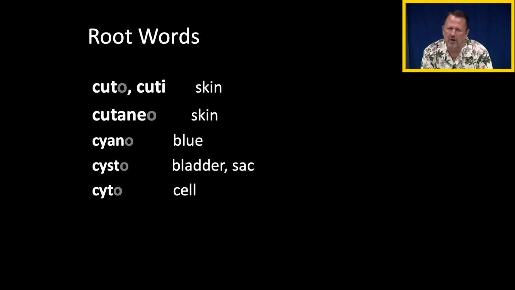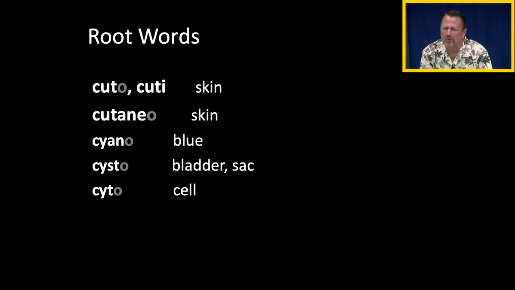All right, cysto can mean any kind of bladder, any kind of empty space. A cystoscopy usually refers to taking a camera and looking at a bladder. If somebody has hematuria, blood in their urine, we might want to do a cystoscopy, take a look inside of their bladder to see if there is some cancerous reason or some other life-threatening reason for hematuria.